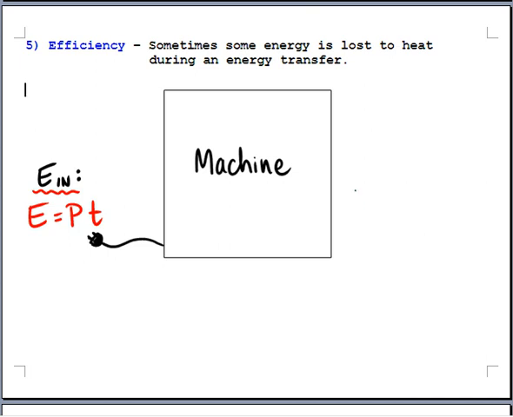This machine will convert into one of the three types of energy that we've looked at up to this point in this chapter. It could take your electrical energy and lift something up into the air. It could convert into potential energy, which is mgh.